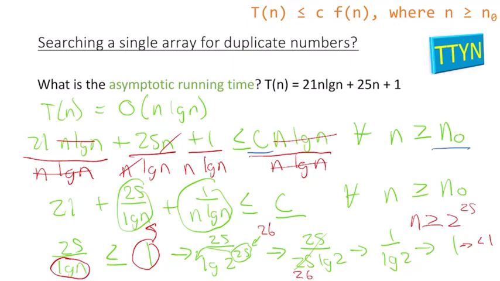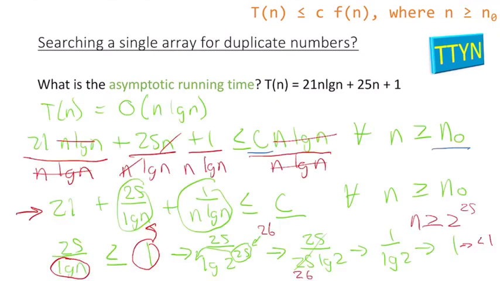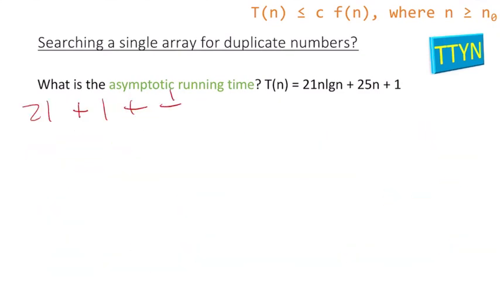So what we had was, looking at this equation here, 21 plus 1 plus 1 over n log n is less than or equal to some constant c for all values of n greater than or equal to n naught.